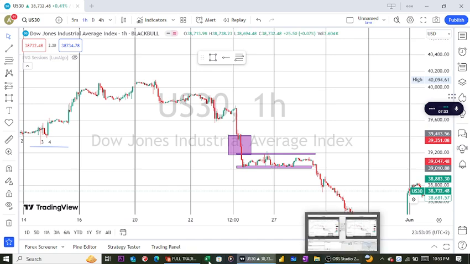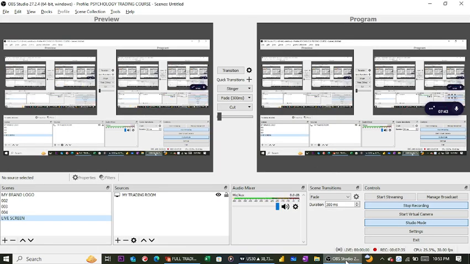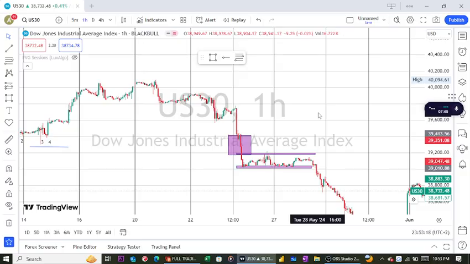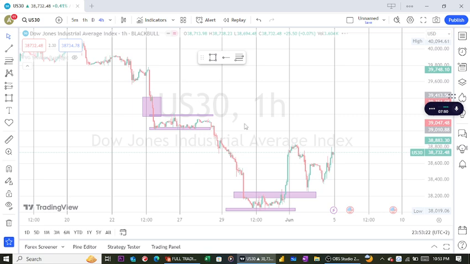So now moving on. Where two or more support or resistance levels meet, it becomes a key zone, an area of interest. So what do I mean? Now I have to go to the higher time frames to do this. I'm using the 1 hour, I want to use the 4 hours so that you will understand what I mean.